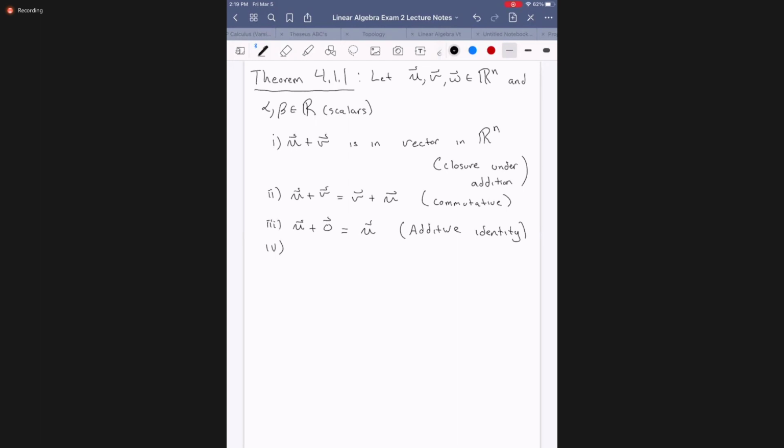We also have association, meaning if I add the first two vectors together and then add the third one, that's the same thing as if I add the last two and the first one. So like this. Again, that's called association.